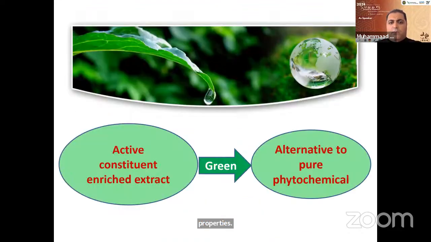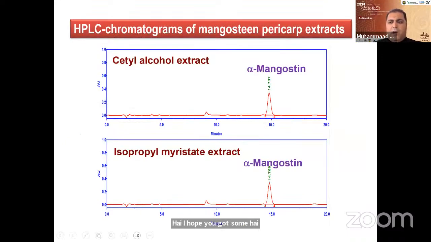I hope you got some idea now of how you can take the herbal powder to use for the preparation of topical formulation, either gel or cream or something like that. And you can use the pharmaceutical excipient or solvent directly for the extraction of that plant material.